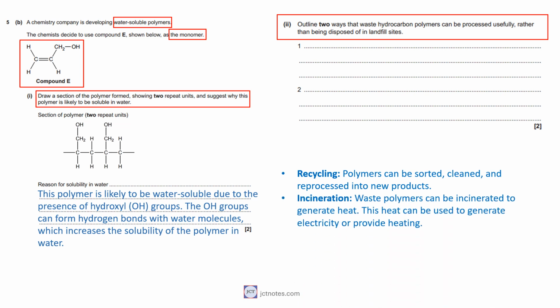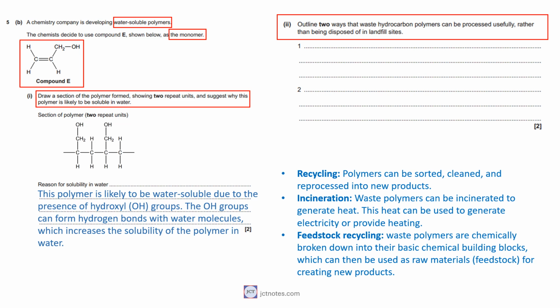Incineration, where waste polymers are incinerated to generate heat. This heat can be used to generate electricity or provide heating. Feedstock recycling, where waste polymers are chemically broken down into their basic chemical building blocks, which can then be used as raw materials, feedstock, for creating new products.